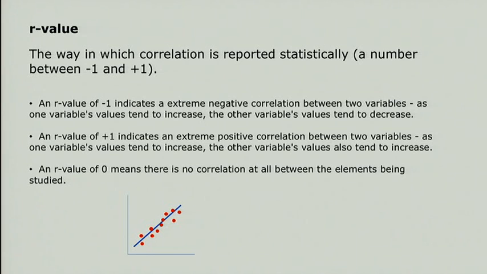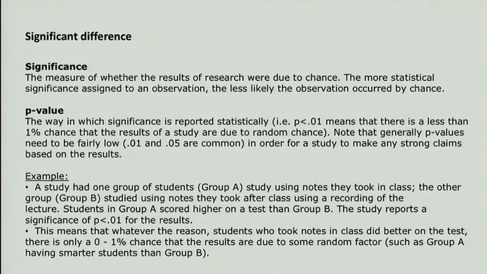You can also have an R square value, in multivariate statistics that's quite often the case, which is pretty low. It could be R-square of 0.2, 0.3, but it's statistically significant. So that would mean, again, that there is only a 0 to 1% chance that the results are due to some random factor.